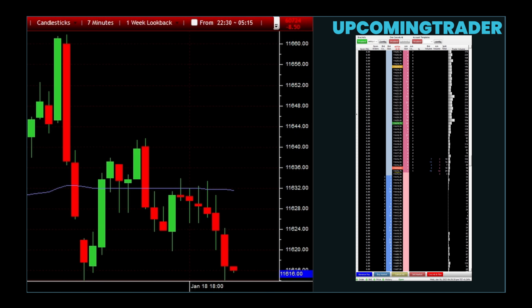In sideways markets, high volume nodes are often areas of balance where buyers and sellers agree on fair value, leading to extended periods of price staying within that range. Identifying which environment you are in can help you avoid getting caught in losing trades.